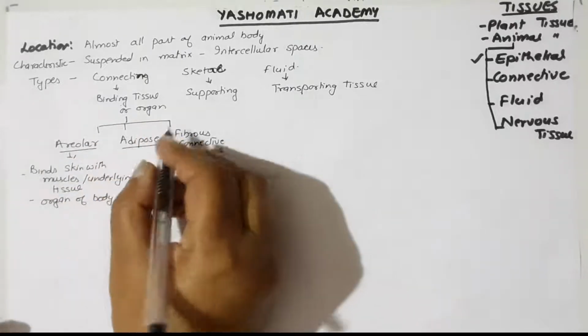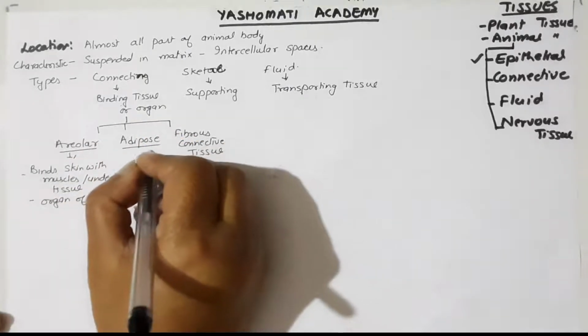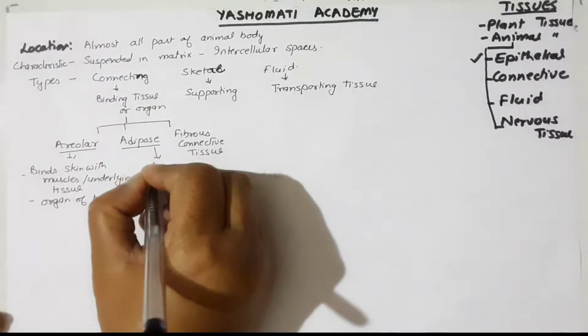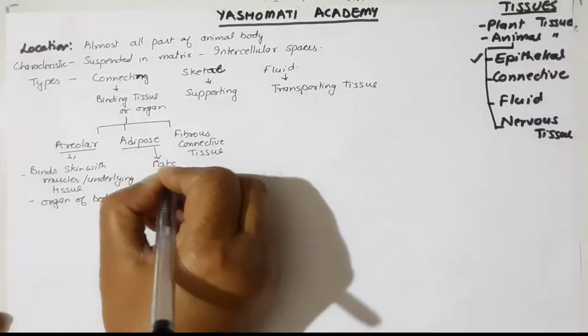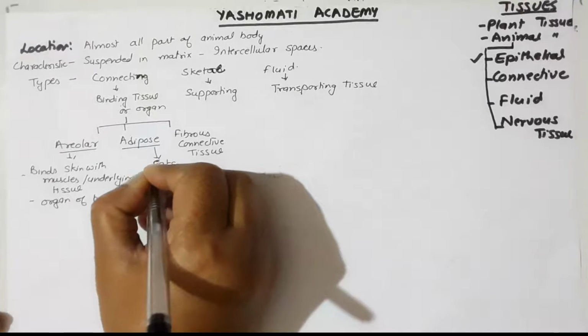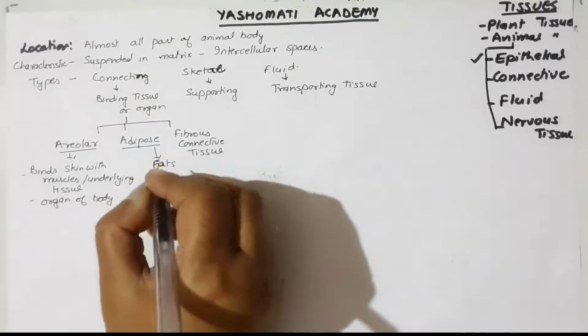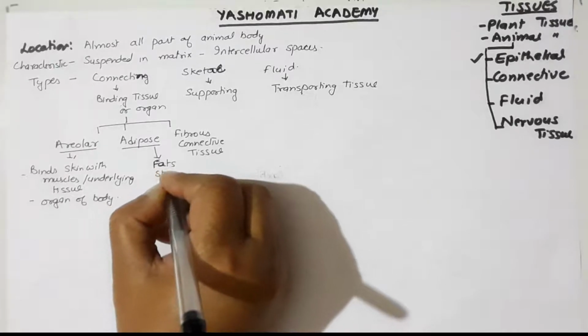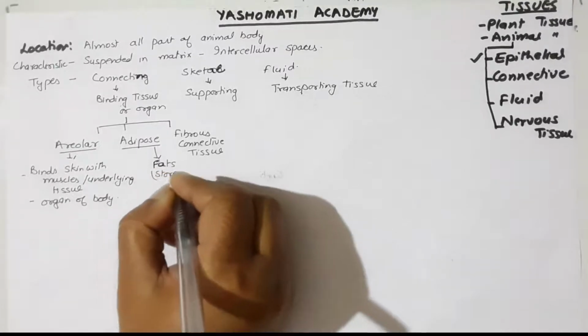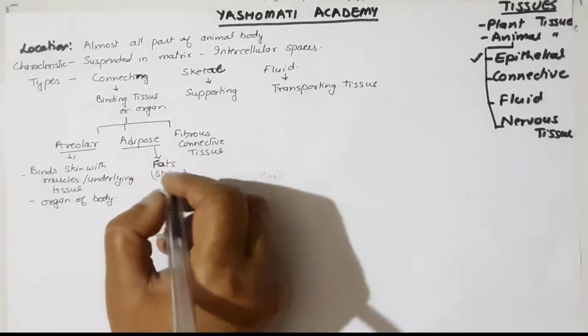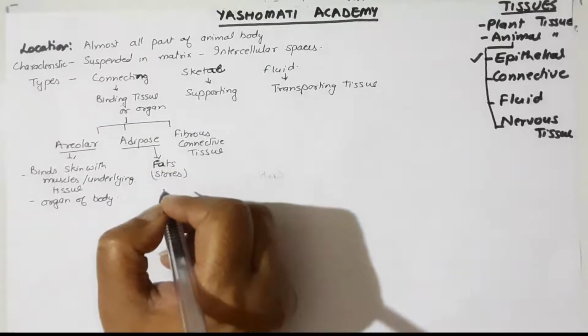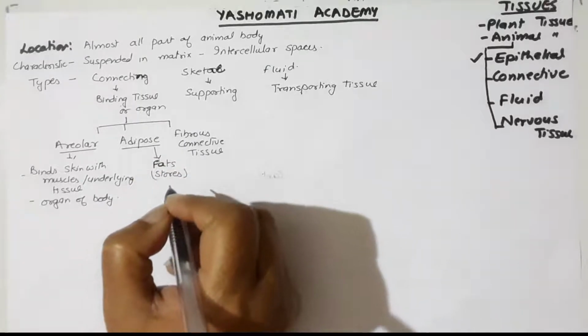Second type of tissue is adipose tissue, which is commonly called as fats. Because it stores fat in it. Adipose tissue is commonly called as fats also.